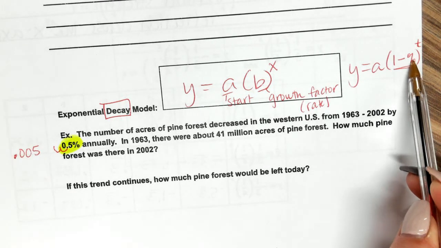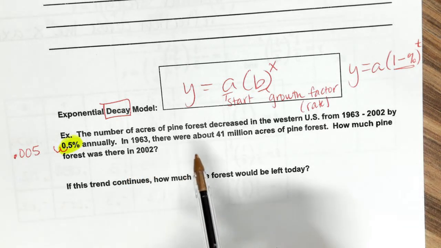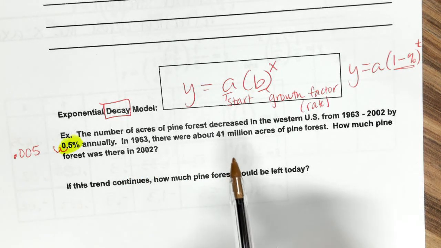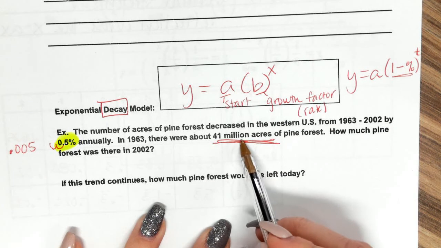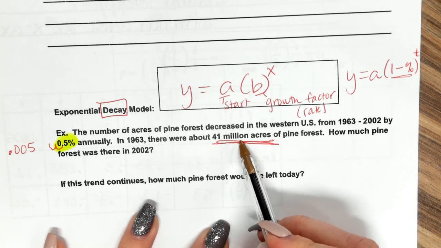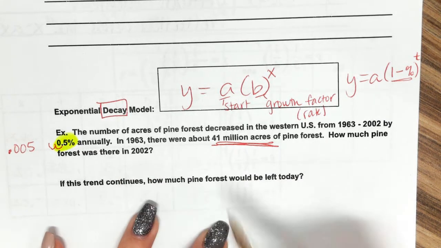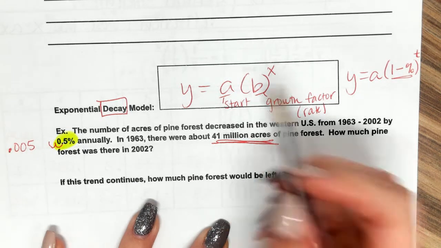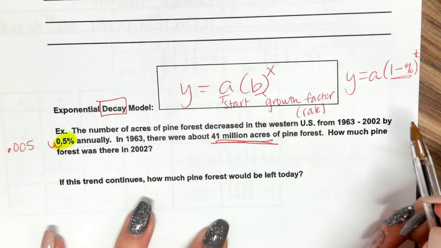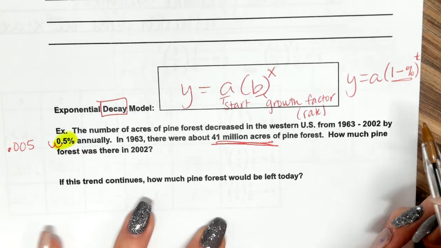Yes? All right, in 1963, there were about 41 million acres of pine forest. What did they just give me right there? That's the start. How much pine forest was there in 2002? All right, let's start to write our equation. So I need an A. What's my start? 41.